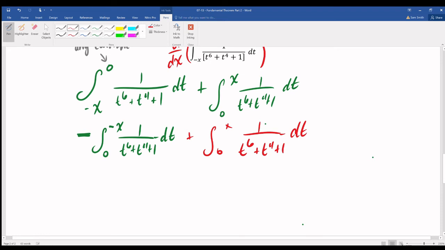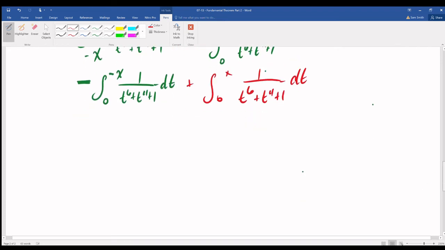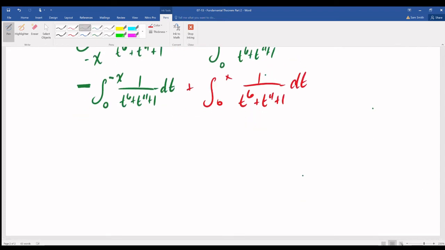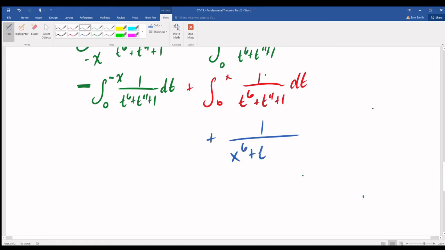Now we are in a position to be able to take the derivative of these two functions. The right-hand side, the derivative can be found in a very straightforward manner just by putting x into t's position. The rate of change is equal to the output of the function at x.